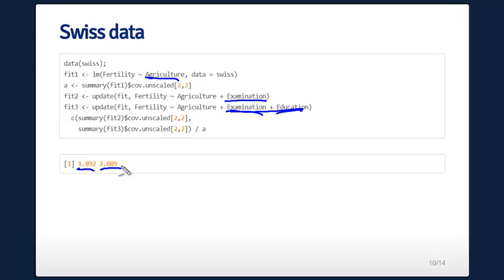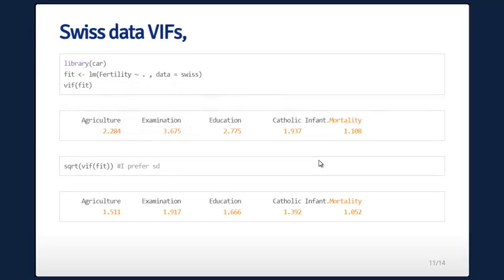Now again, this variance inflation is just part of the picture. I think in this model we would want to include those because we would want to see if the agriculture effect is attributable to some of these other effects. You can get the variance inflation factors, a variance inflation factor for every coefficient, and it's the comparison of how much variance is increased compared to if all the covariates were orthogonal.